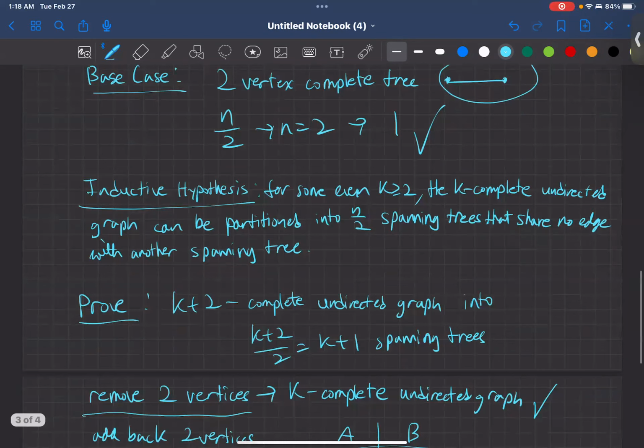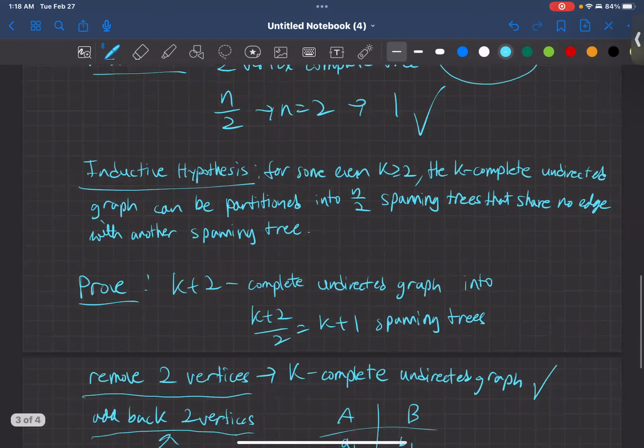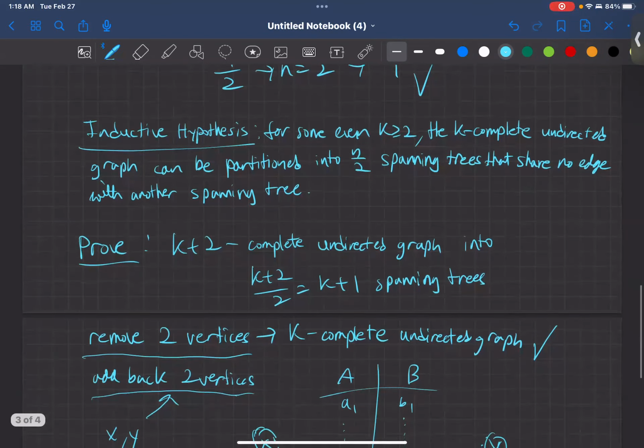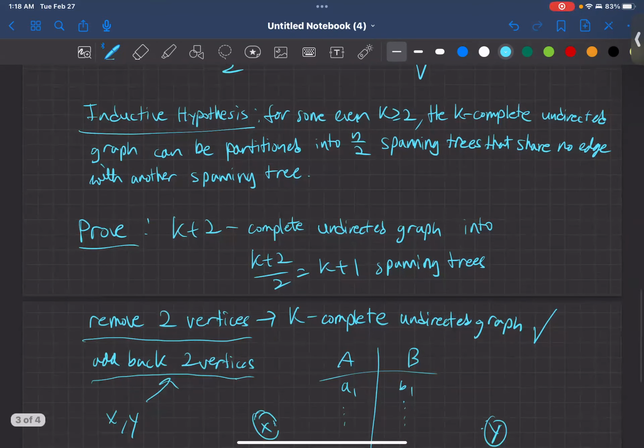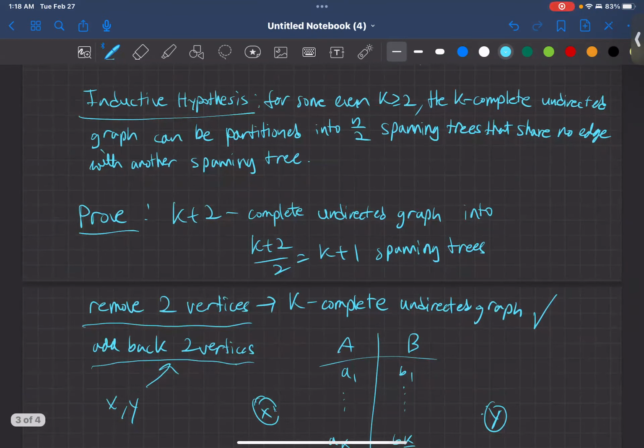Now that we confirmed the base case, we go on to the inductive hypothesis. Our inductive hypothesis is that for some even k greater than or equal to 2, the K_k complete undirected graph can be partitioned into n divided by 2 spanning trees that share no edge with another spanning tree.